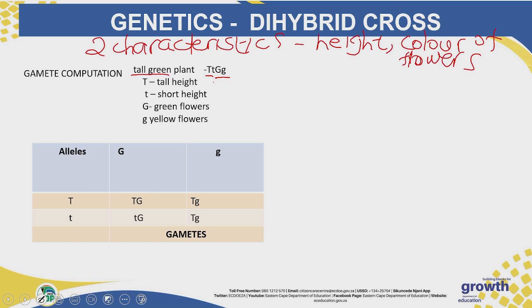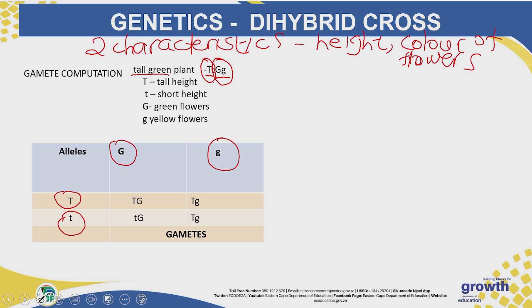Now, how do we do the gametes? If we look at the height, there are 2 alleles there, a capital T and a small t. Then on the second characteristic, we have a capital G and a small g. This is now computing the alleles.